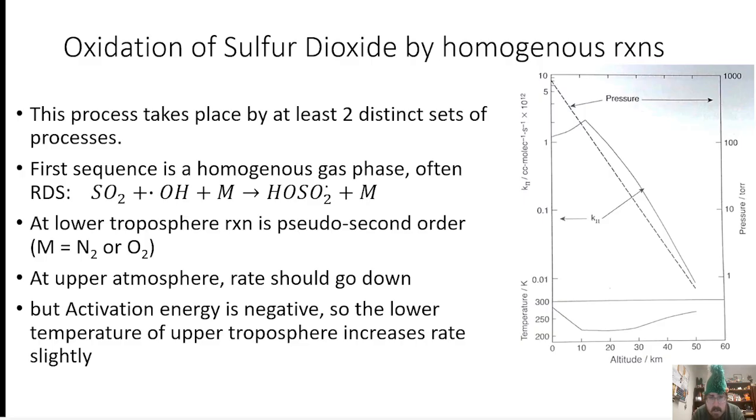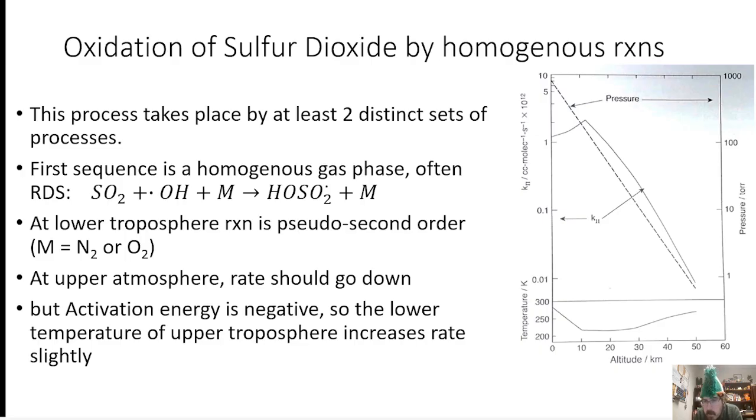But because the activation energy is negative, the lower temperature of the upper troposphere actually increases the rate slightly. So it actually has too much energy, which is why it needs that third body. So when it's colder up there, it slows the molecules down so they don't need to shake off as much energy with that third body.